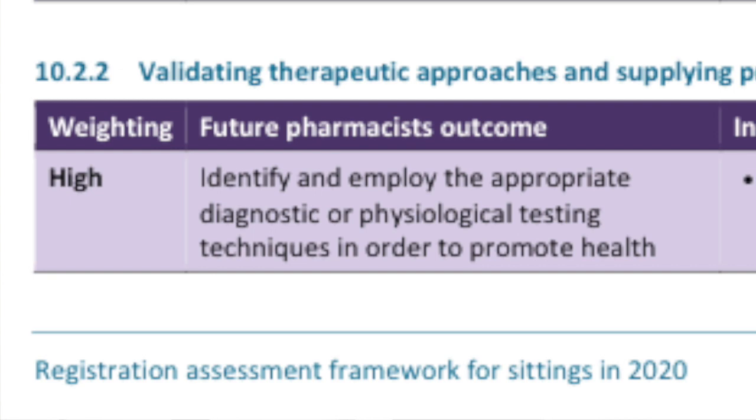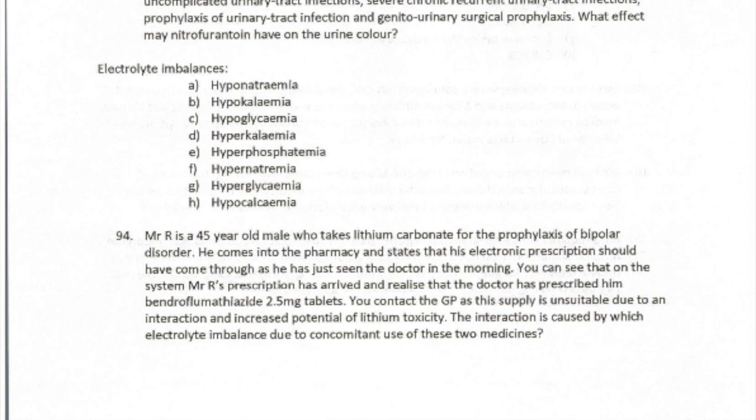So for the high rating, under the pharmacist outcome and indicative assessment topics: identify and employ the appropriate diagnostic or physiological testing techniques in order to promote health. I would leave an example of a question right now that addresses this particular section of the GPHC framework.